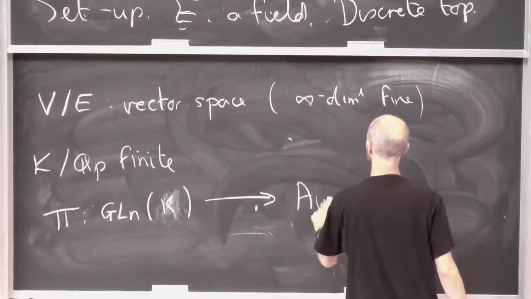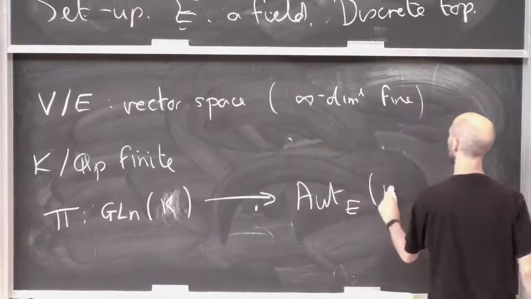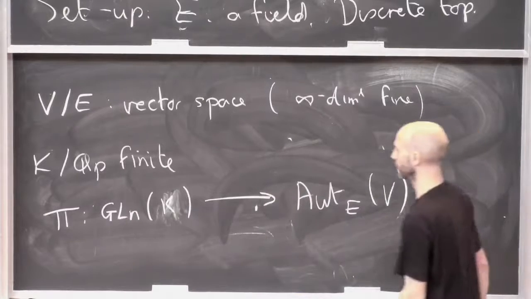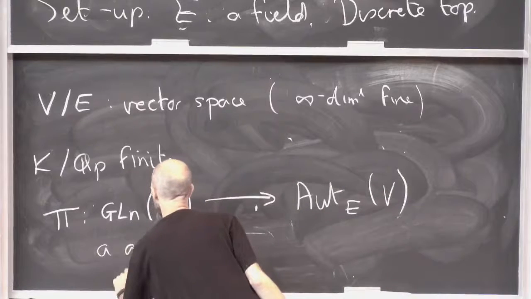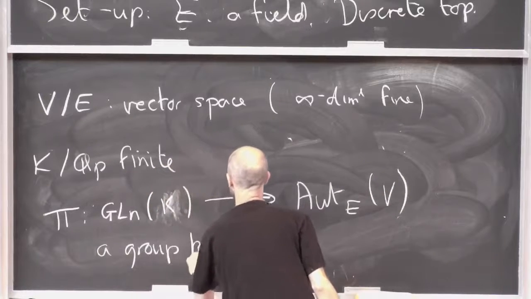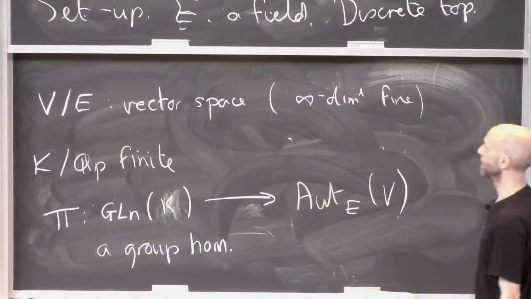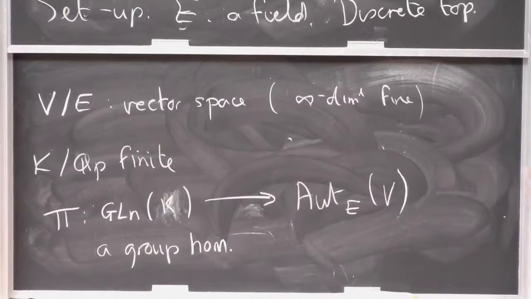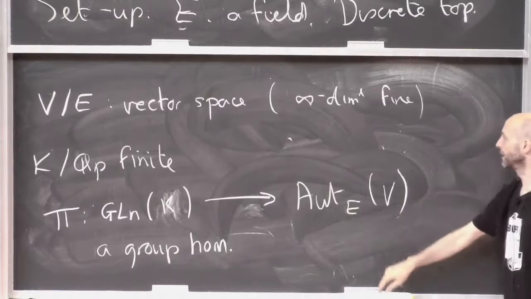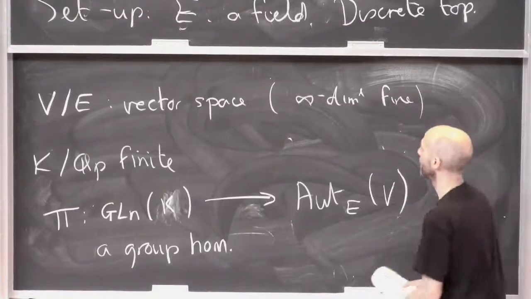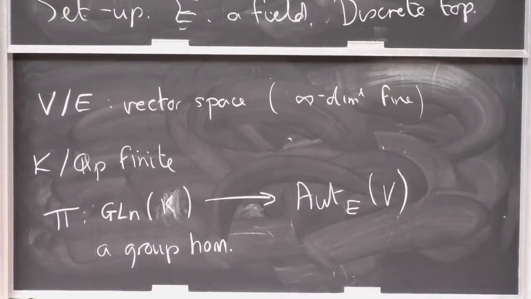So it's going to go to the E-automorphisms of V, a group homomorphism, right? So there's no notion of continuity because I want E to be kind of a random field, and I don't want to put a topology on E. So I don't really want to put a topology on this.